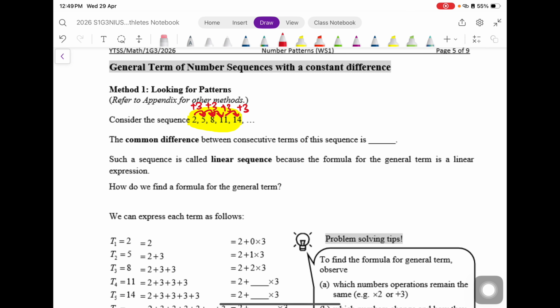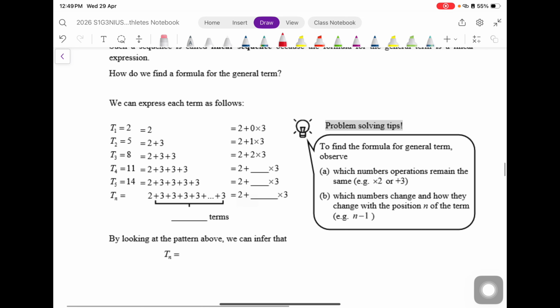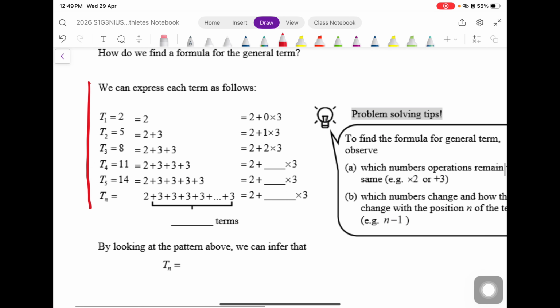So it is clear that the common difference here is plus 3. Now if I were to write it out in this form here, I look at my first term, 2, my second term, 5, 8, 11, 14, and we know that from one term to another, I always add 3.